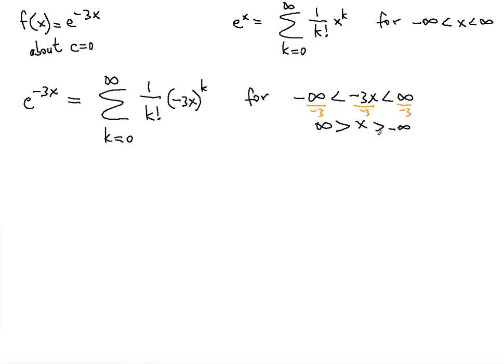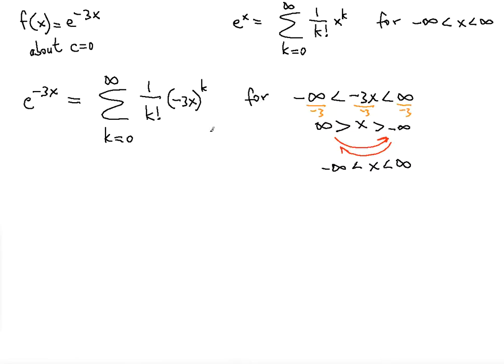If you want to put it in the standard way, you just reverse these two limits and you get the same as before: negative infinity is less than x is less than infinity. So still for all x.